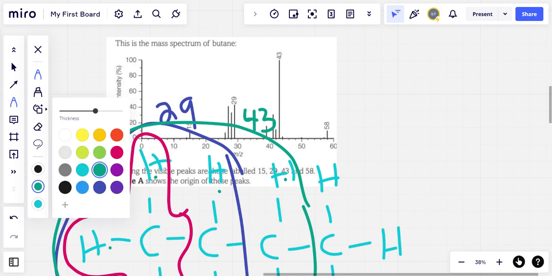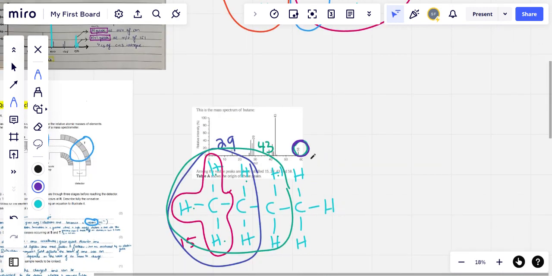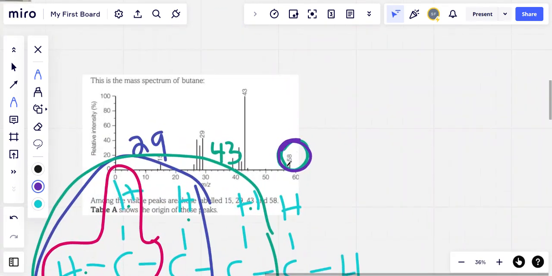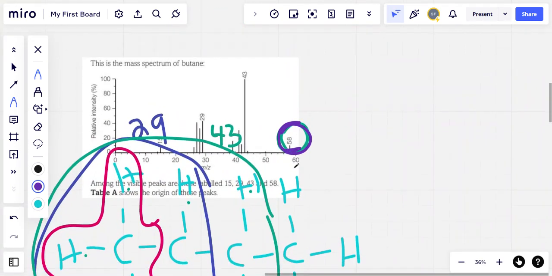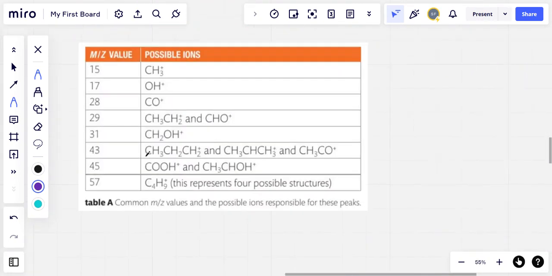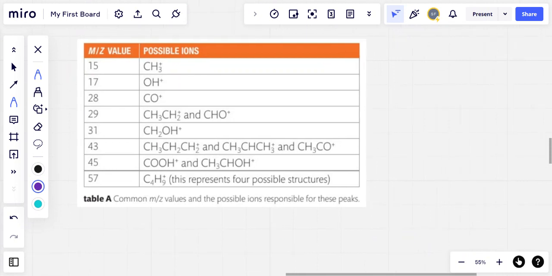Then the final peak basically gives you the relative molecular mass. So as soon as you get this, just look at the final peak and you can tell the molecular mass. And these are some of the fragments that can possibly form in your organic compounds.